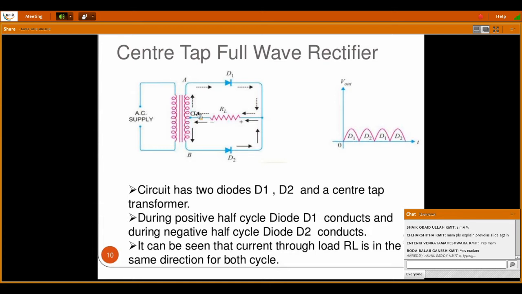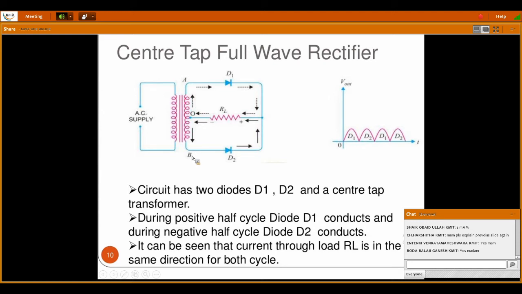Now what happens? The polarity at point A is positive with respect to point B. Positive is connected to the anode of diode D1, so diode D1 is forward biased.